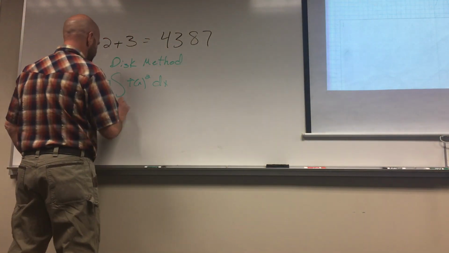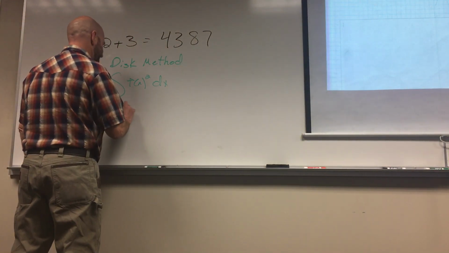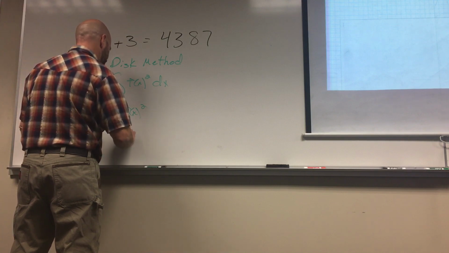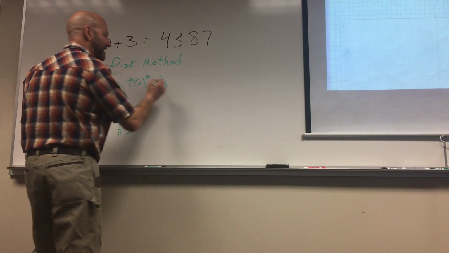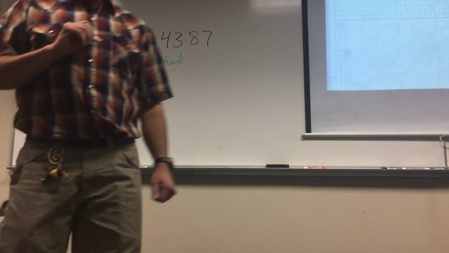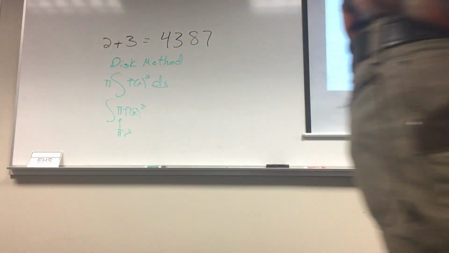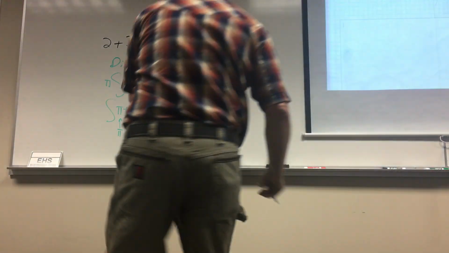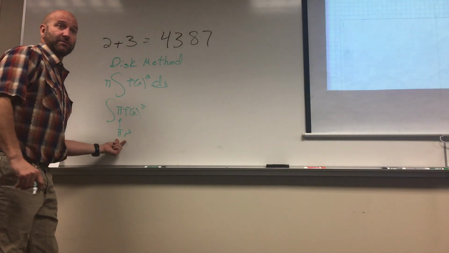Because it's pi r squared. So this is pi r squared. But what about this dx? That multiplies the third dimension, which is why we get a volume. That's the thickness of this circle, right?